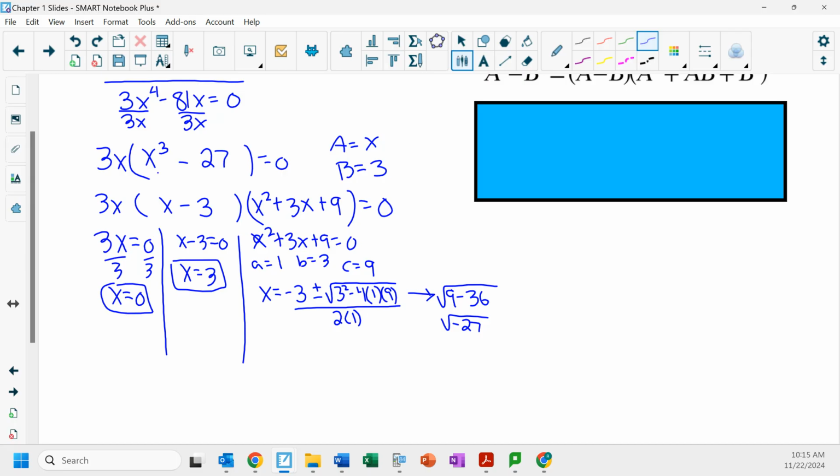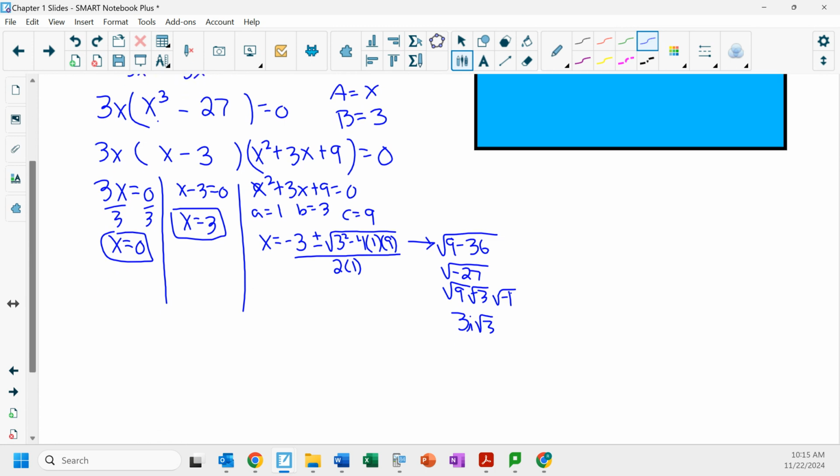Okay, so what perfect square goes into 27? So I write this as root 9, root 3, and root negative 1. So I get 3i root 3 as my radical. So negative 3 plus or minus 3i root 3, and that's all over 2.